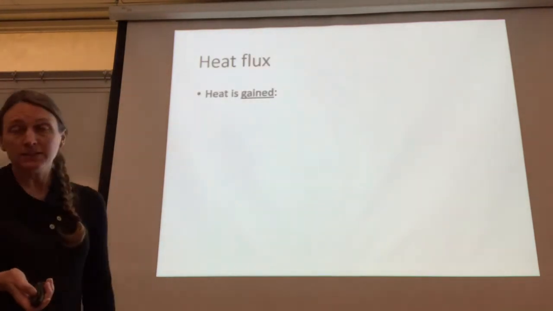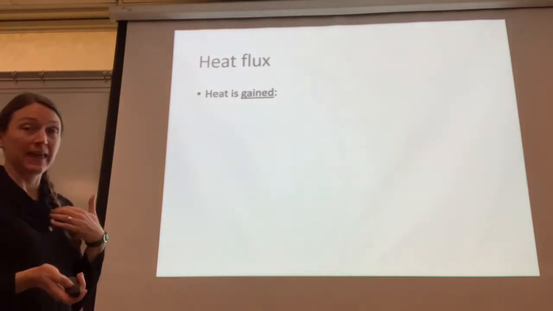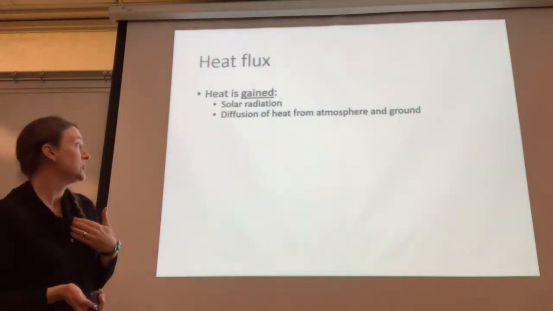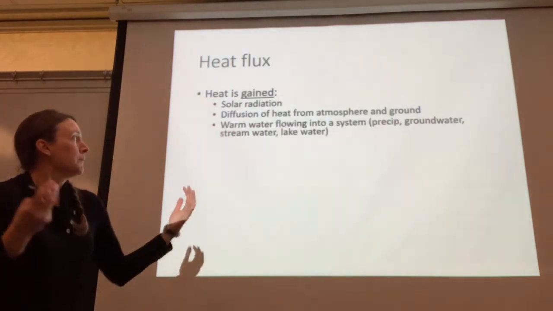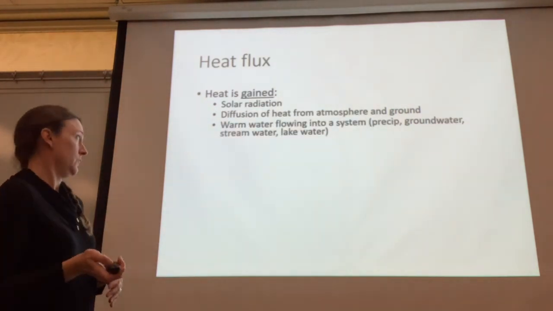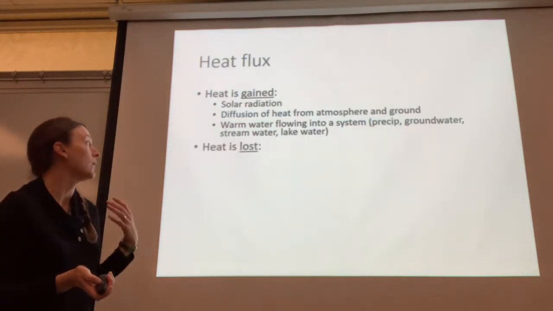And for heat flux in an aquatic system, heat can be gained by solar radiation, by diffusion of heat from the atmosphere or from the ground, or by warm water flowing into a system from precipitation or groundwater or lake water.